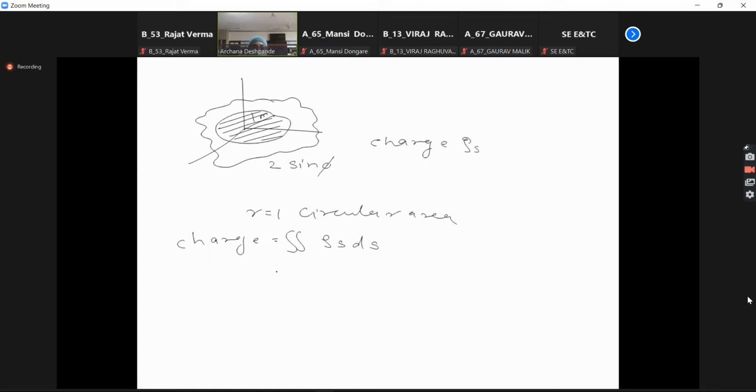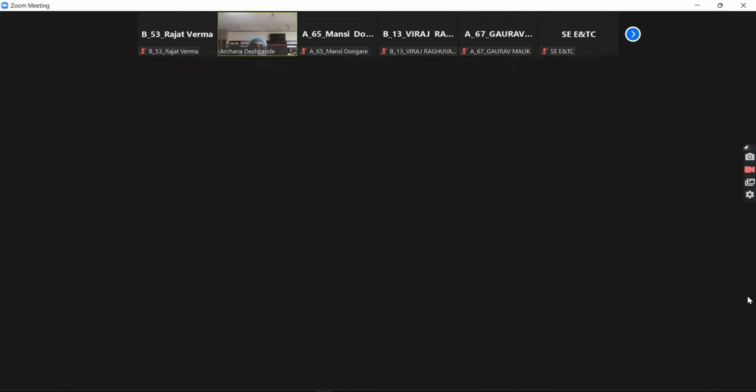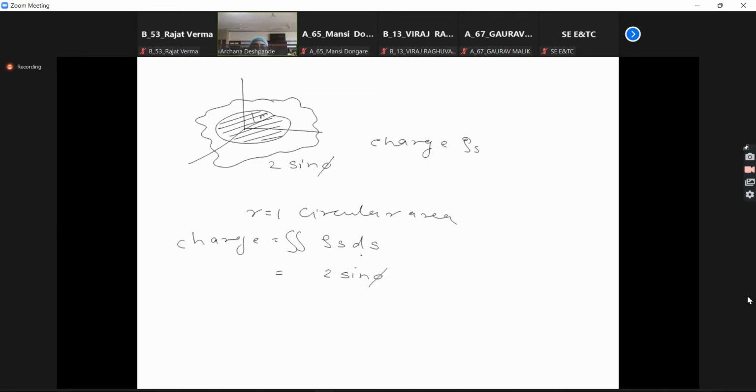So rho s ds, rho s is given as 2 sin phi. Now what is ds? Since sin phi is given, this is given in cylindrical coordinates. Yesterday in the tutorial we saw which formula to use depends on what data is given to you and in which coordinate system the data is given.